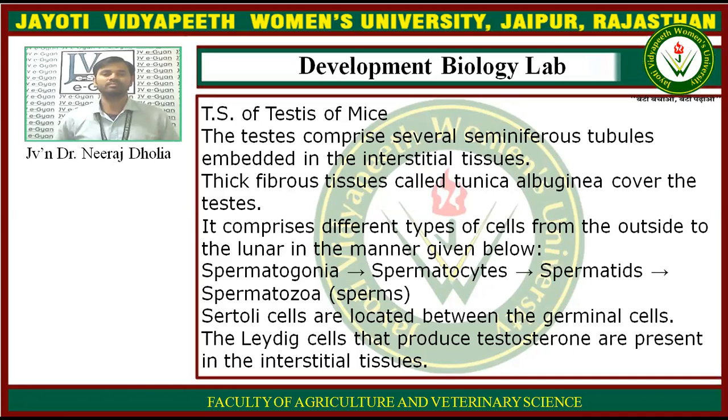In the anatomy of the structure, it comprises several seminiferous tubules that are embedded in the interstitial tissues. The seminiferous tubules are the place where gametogenesis takes place, and a thick fibrous tissue called tunica albuginea covers the testis.